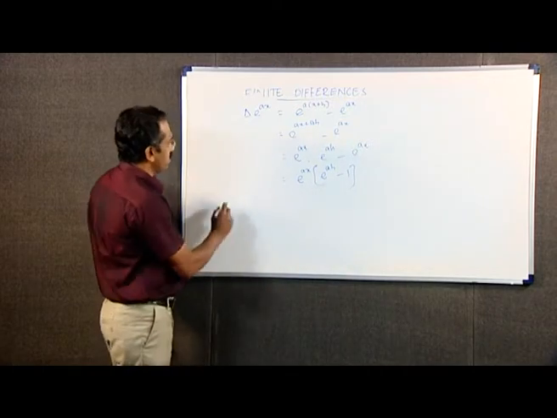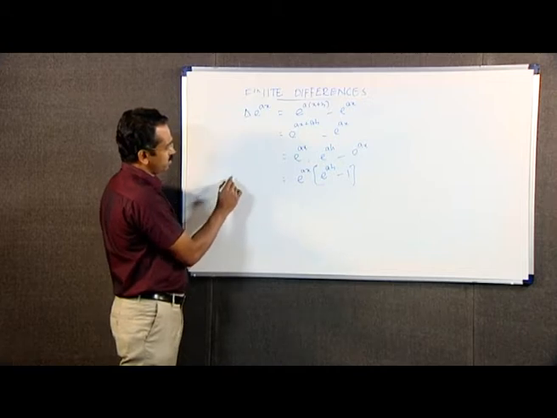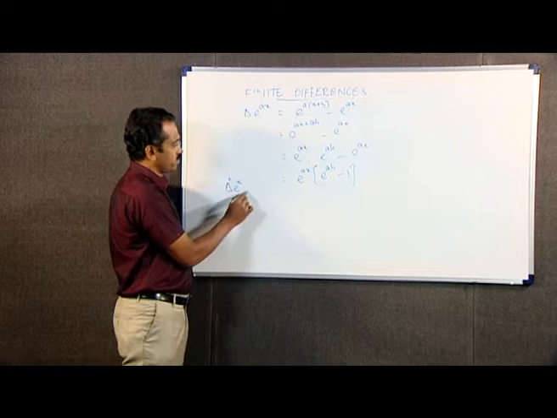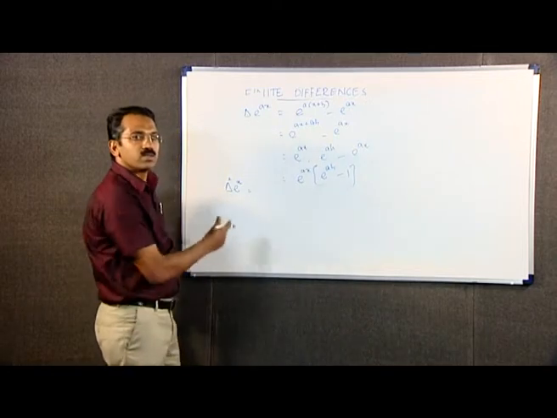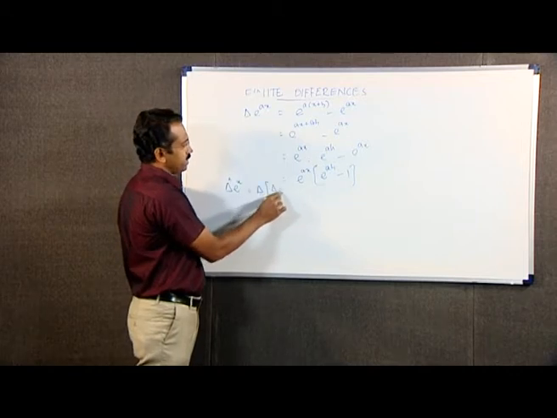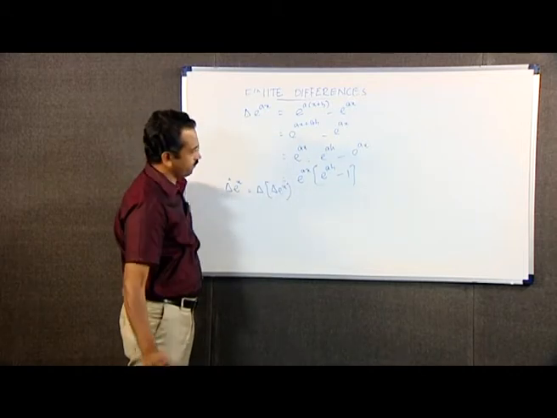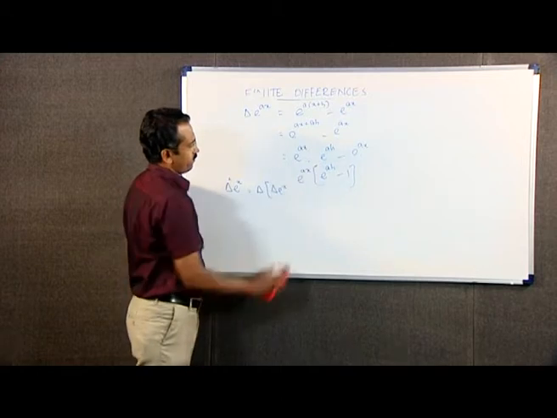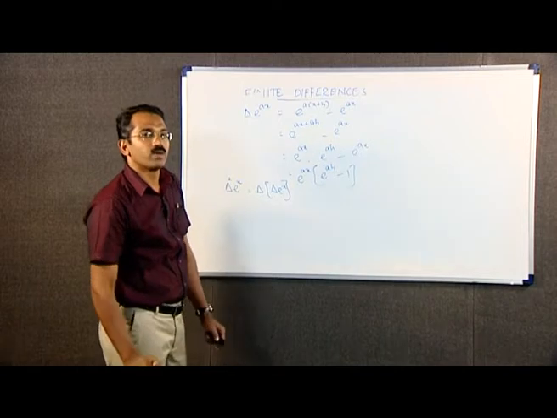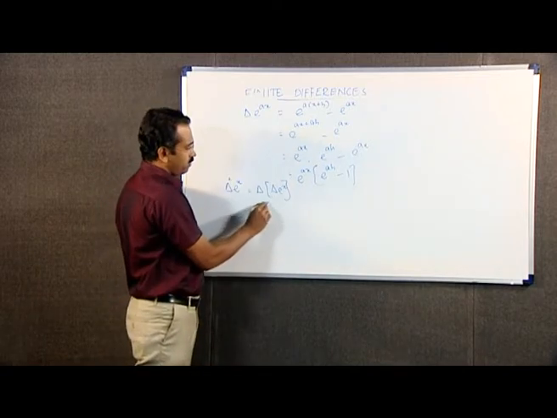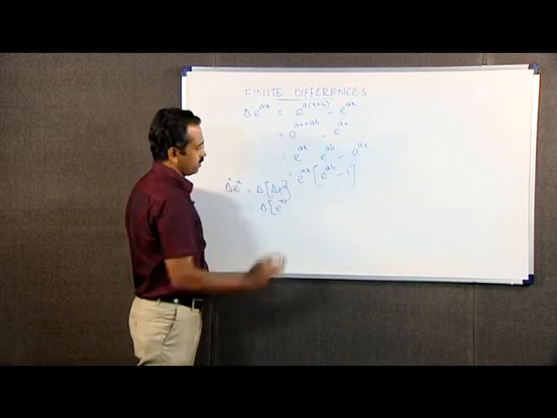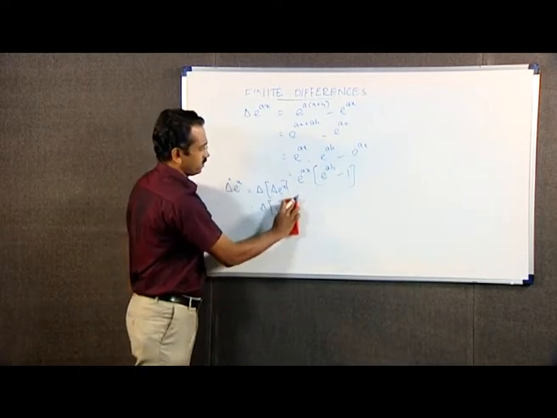Delta square of e raised to x. Second question is to evaluate delta square of e raised to x. This is equal to delta of delta e raised to x. That is delta of, by definition, delta e raised to x is e raised to x plus h minus e raised to x.